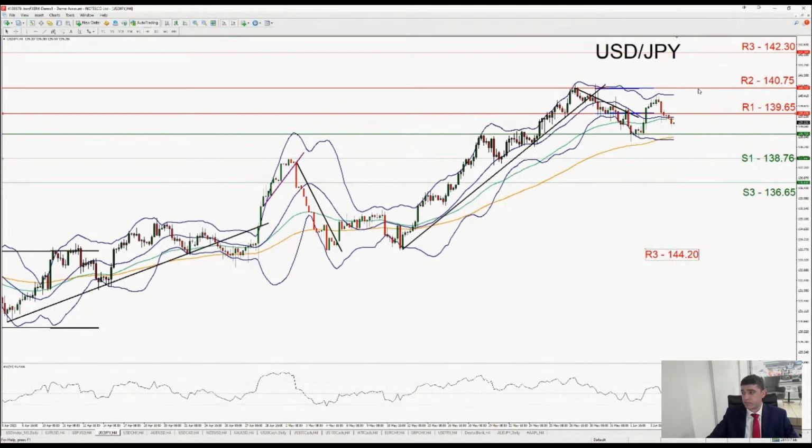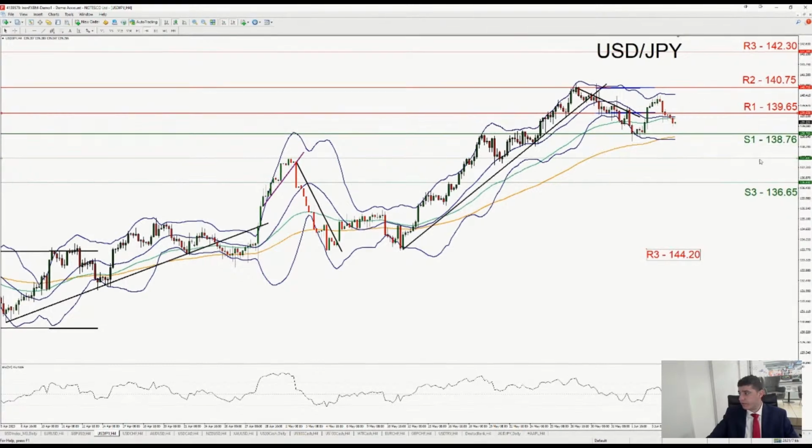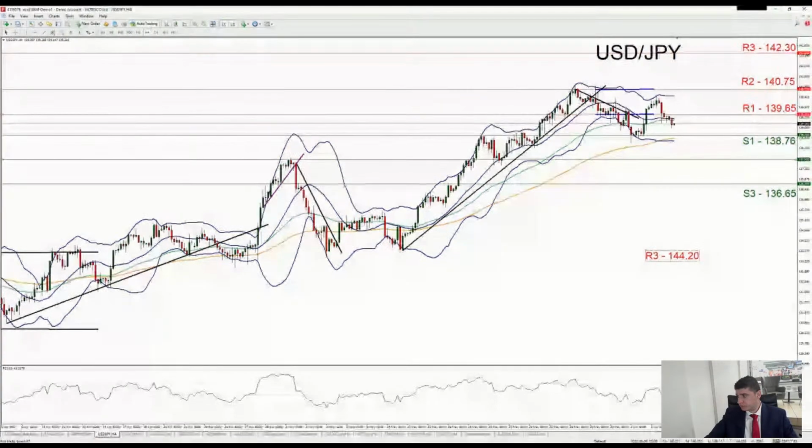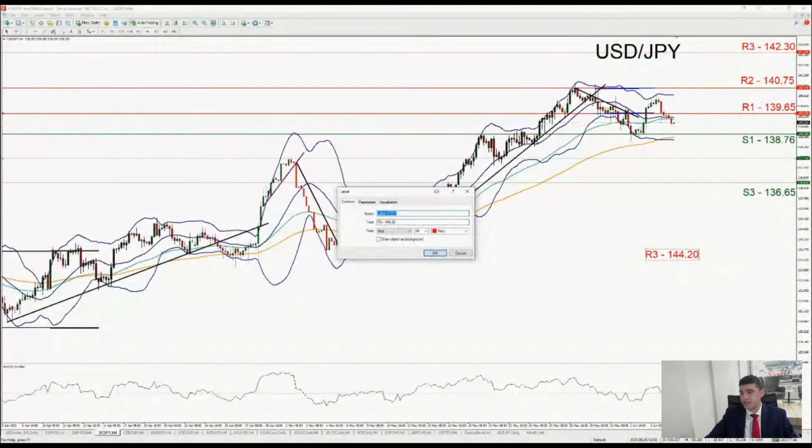So that would be R3, as was mentioned before. S1 has been moved slightly higher. So our S2 will now be at 137.70. So this would be S2, and S3 would remain the same.